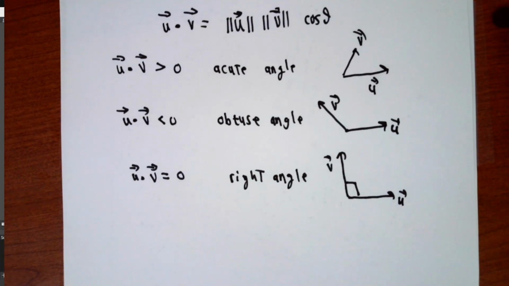The only angle between 0 and 180 degrees that will do that is a 90-degree angle, or pi over 2 radians. If u dot v is 0, with u and v being non-zero vectors, then those vectors are at right angles to each other, also called orthogonal, but we'll talk more about that later.